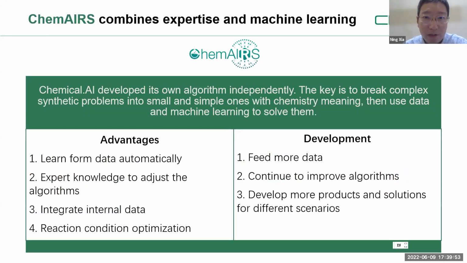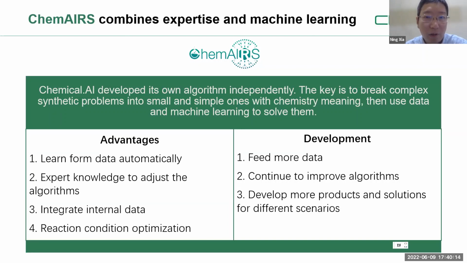Our approach is quite different. We use data learning aided by chemistry knowledge, which means we have the advantages of both approaches, and we do not have the interpretability problem, and the accuracy is also quite good.